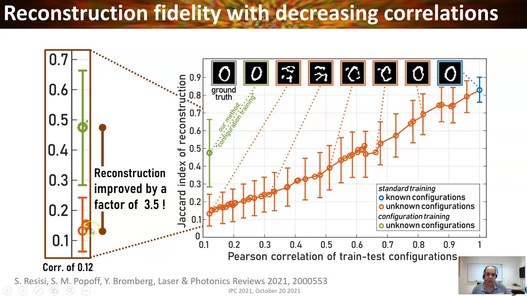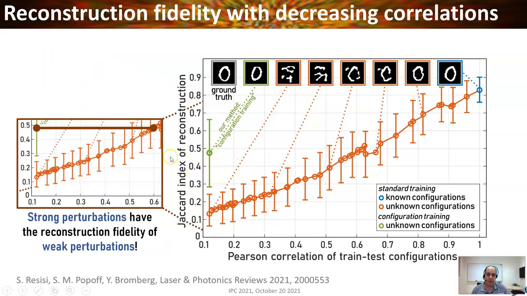In terms of the Jaccard index, we obtain an improvement of a factor of three or more, which is quite significant. The Jaccard index we receive for this configuration training is comparable to the Jaccard indexes obtained when only weak perturbations are applied to the fiber.